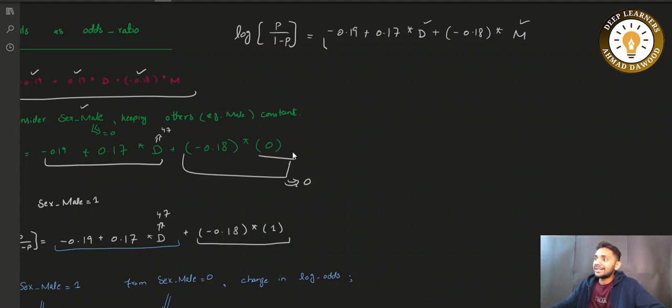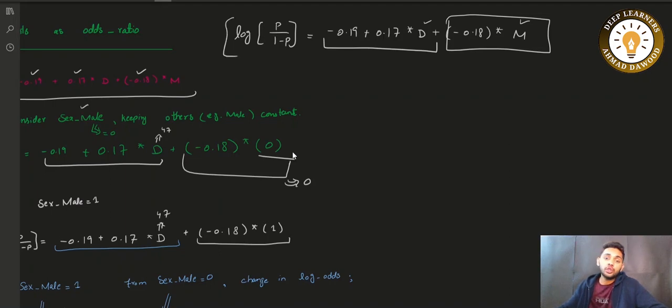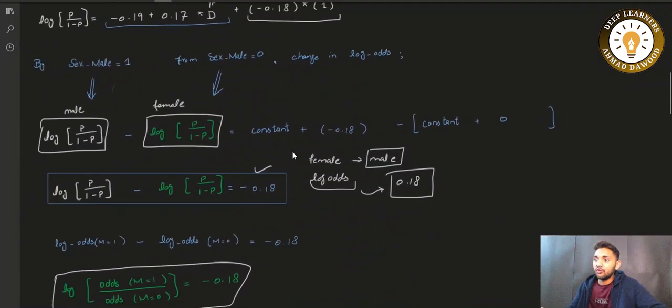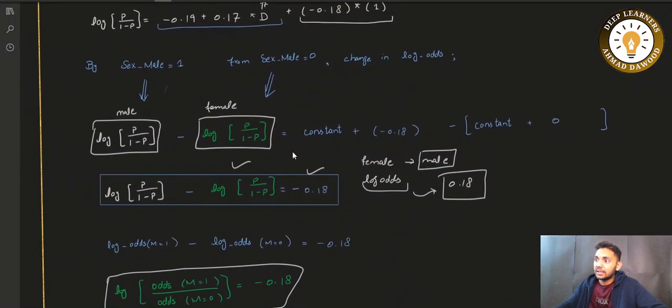Let's say it is constant for a while. If male is equal to 0, the whole term will be 0. If male is equal to 1, then this minus 0.18 will be here and it will decrease the log of odds by 0.18. It means when your customer is male, the decrease in log of odds will be 0.18.